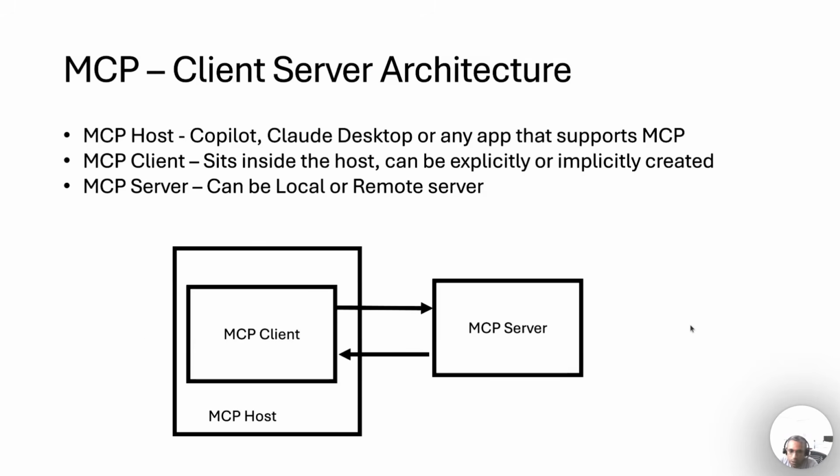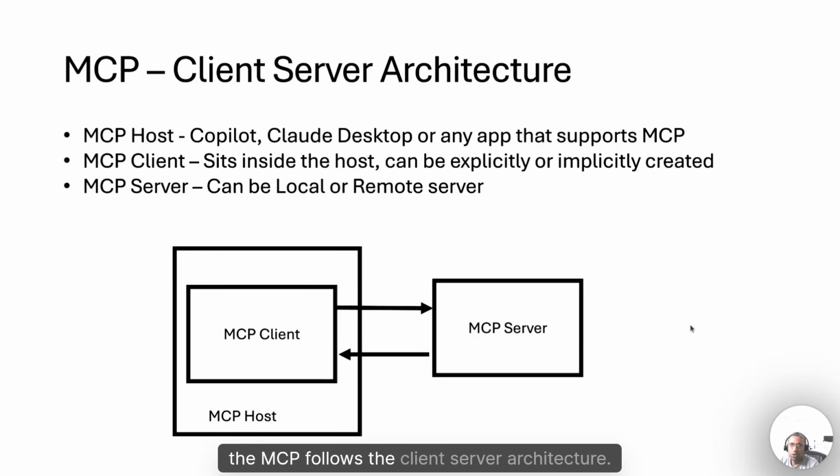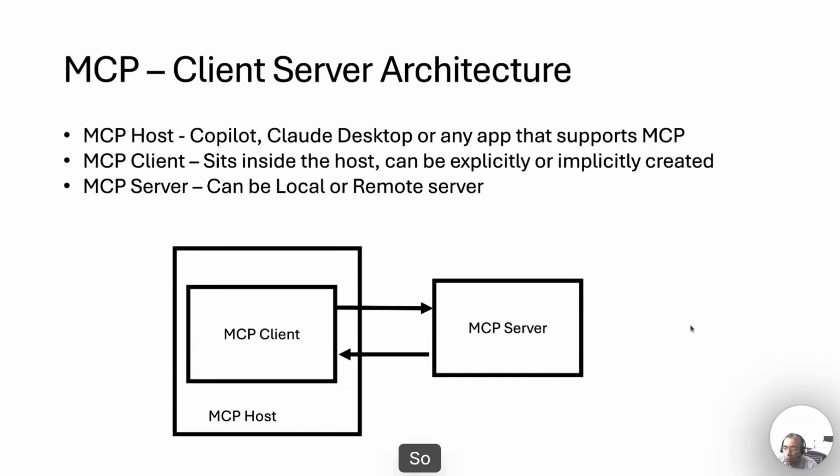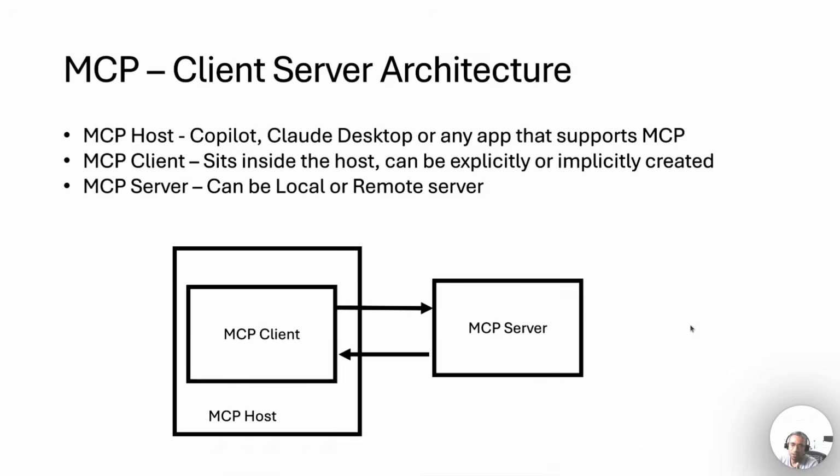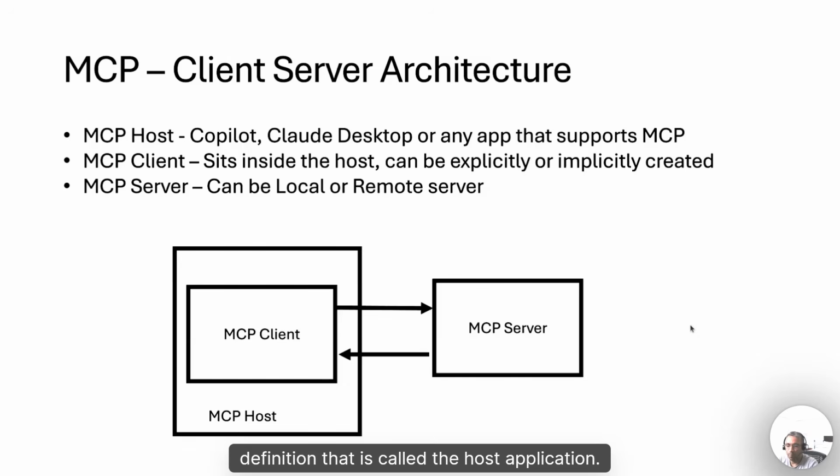The first point we wanted to discuss is that MCP follows a client server architecture. Now we all know what client server architecture is. There is a client and there is a server, but other than the client and the server, there is one additional participant in this definition, called the host application.